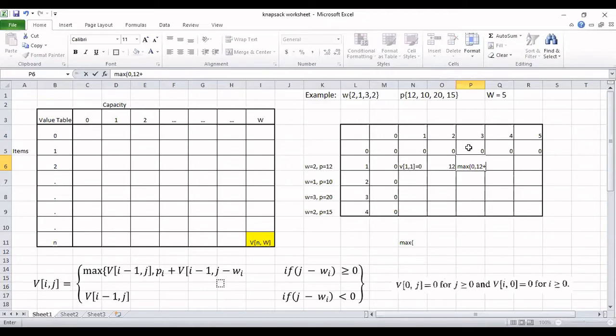J is 3, Wi is 2, so this cell value. How much is this cell value? 0. So we get the maximum of 0 and 12 plus 0. So what will be the maximum value here?